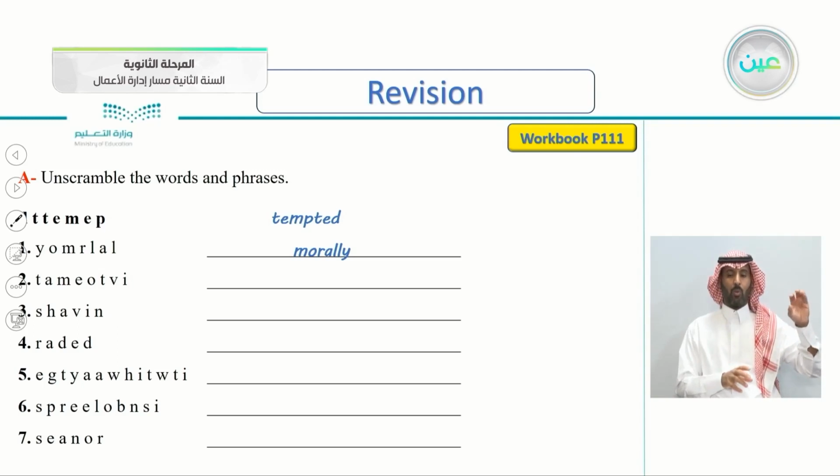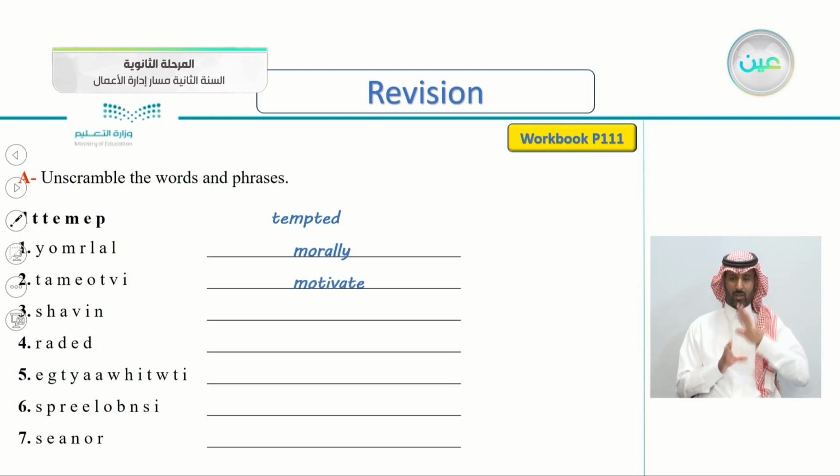I'll give you a hint. The correct word also begins with the letter M. So what do we have here? Let's see the correct answer now. It's the word motivate. Motivate is to make someone do something, to motivate him.